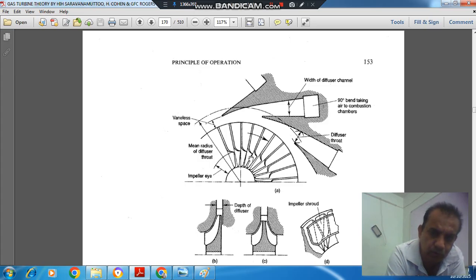But there is no rotation of the diffuser, so the diffuser is not imparting any energy to the air. It is just changing kinetic energy to pressure energy. So the static pressure rises, but at the cost of kinetic energy. So kinetic energy decreases.